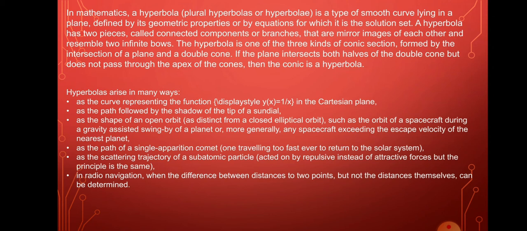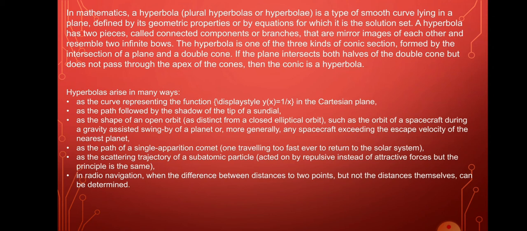A hyperbola has two pieces called connected components or branches, that are mirror images of each other and resemble two infinite bows. The hyperbola is one of the three kinds of conic section formed by the intersection of a plane and a double cone. If the plane intersects both halves of the double cone but does not pass through the apex of the cones, then the conic is a hyperbola.